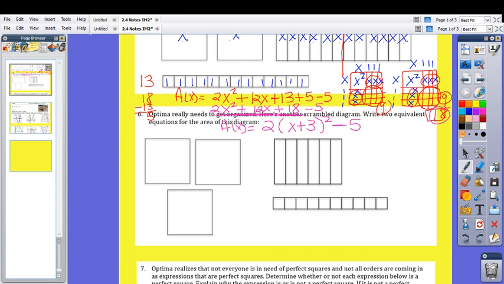Okay, and in this one you have 3 x squared blocks. So you have x squared, and x squared. Then you have 6 of the x's.